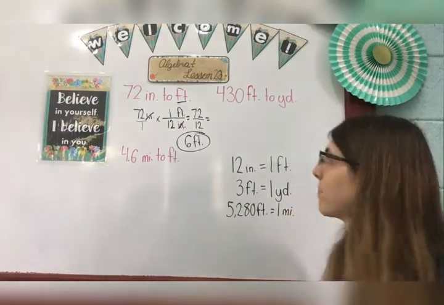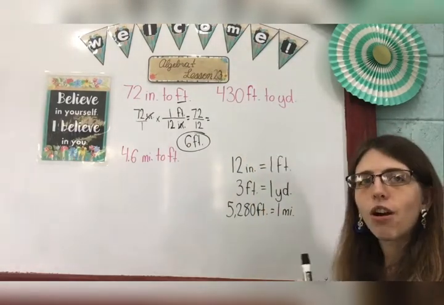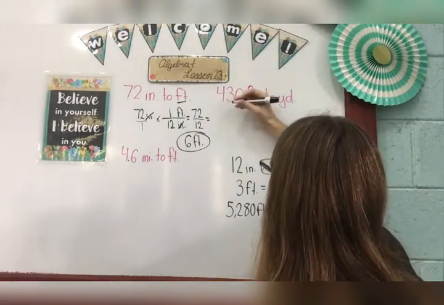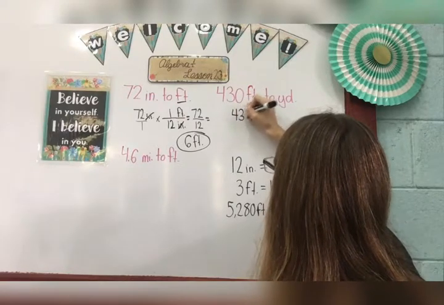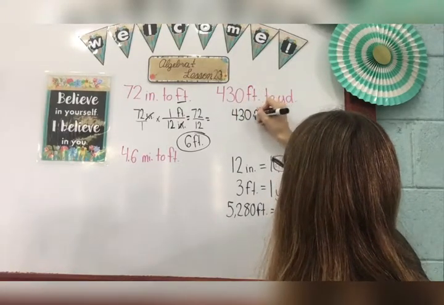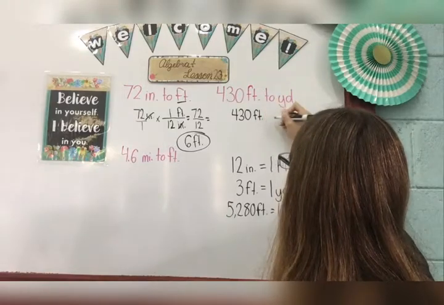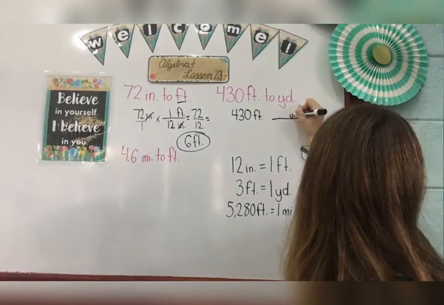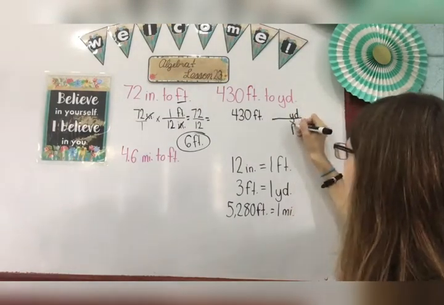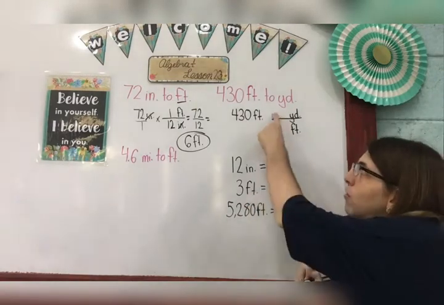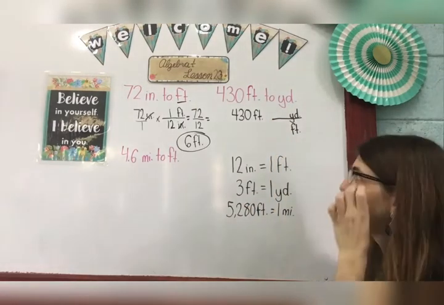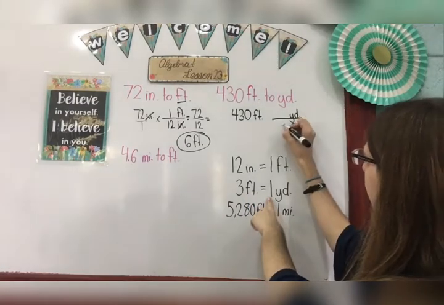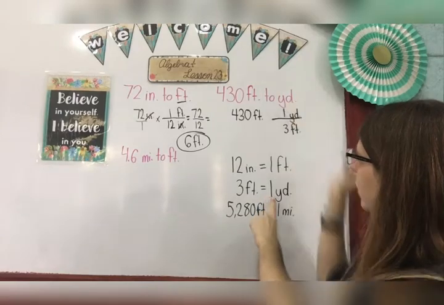Let's try another example. 430 feet to yards. We're going to set this up just like we did over here. I start with my original number, which is 430. I am going from 430 feet to what? Yards. I'm going from feet. So yards are on the top, feet are on the bottom. According to what I know, there are 3 feet in a yard. So 3 goes with feet, 1 goes with yard.